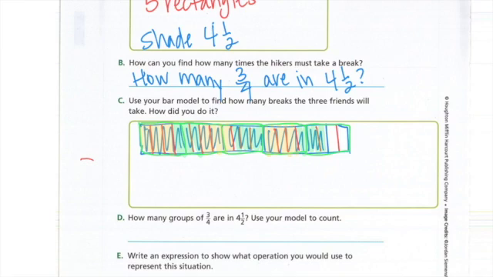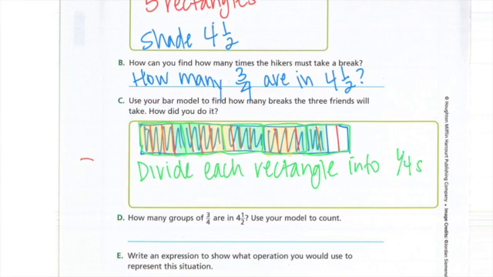So we divided each rectangle into fourths, and then we can shade 3/4. How many 3/4 are in 4 1/2? Well, we can count. I said 1, 2, 3, 4, 5, 6.